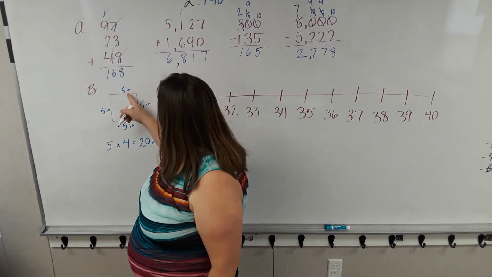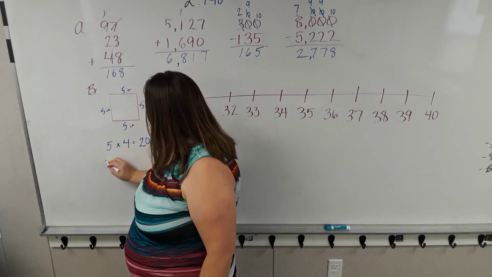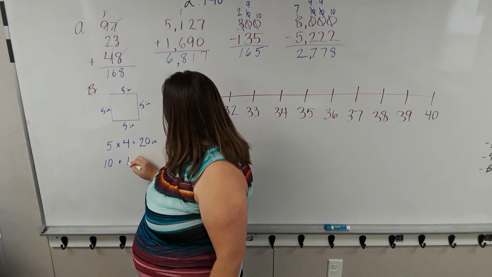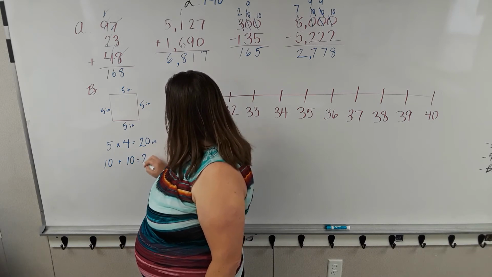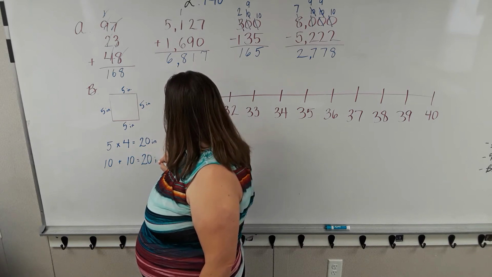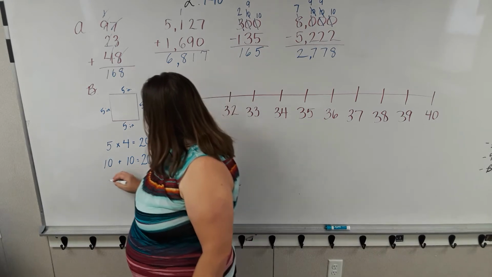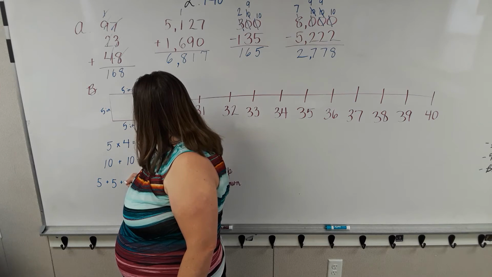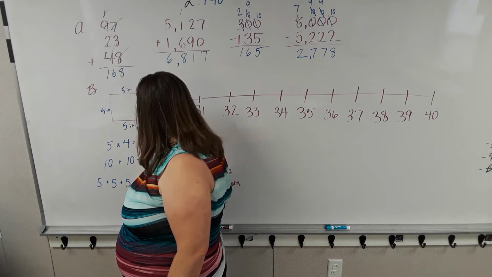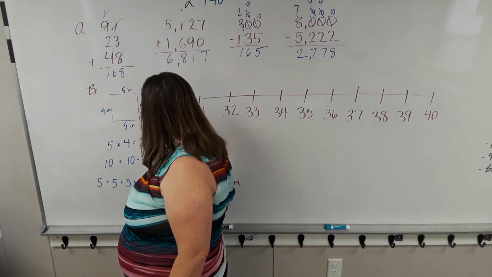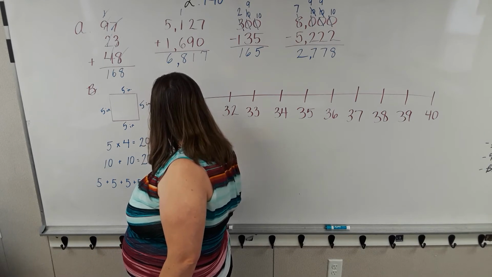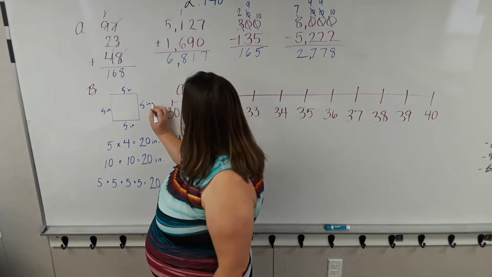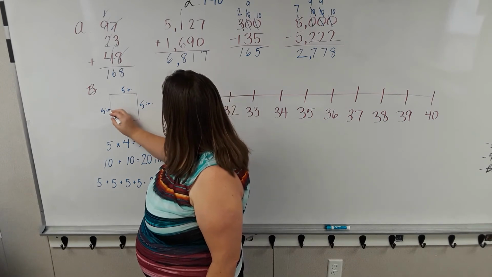We could do 5 plus 5 equals 10. 5 plus 5 equals 10. And we would get the same answer, 20 inches. So it's 5 plus 5 plus 5 plus 5 equals 20 inches. Inches is abbreviated with a period at the end.